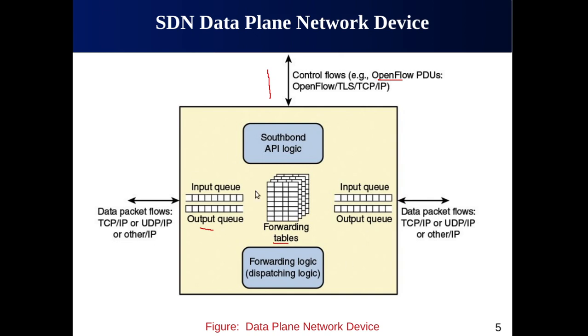And this is actually a simple example. The network device may have multiple ports to communicate with multiple SDN controllers, and they may have more than two I/O ports for packet flows into and out of this device.